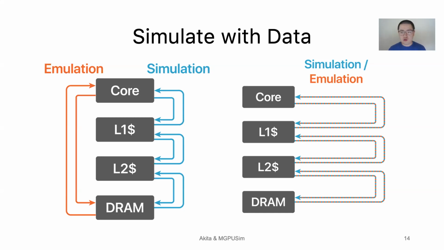On the left side, you may calculate time in this L1 cache, L2 cache, and calculate these message transfers for coherency purposes. But if you have an error in this coherency protocol implementation, what you will see is that the timing model is not that accurate, but the emulation would still be correct.